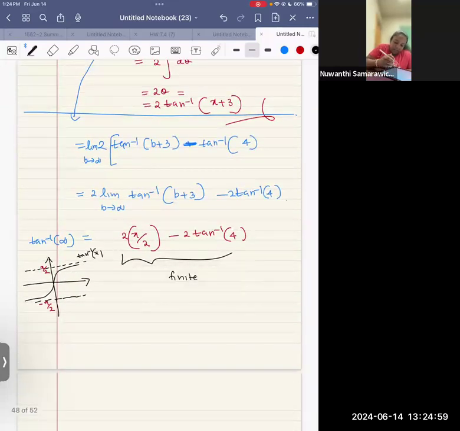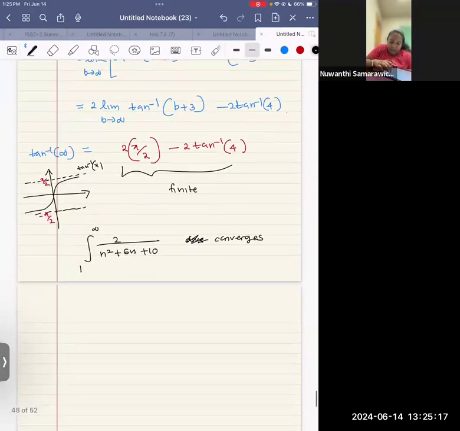So the integral from 1 to infinity of 2 over n squared plus 6n plus 10 converges, because we found a finite value.